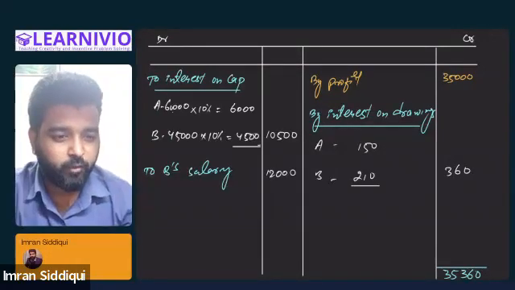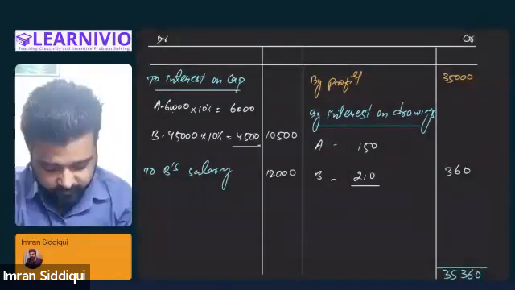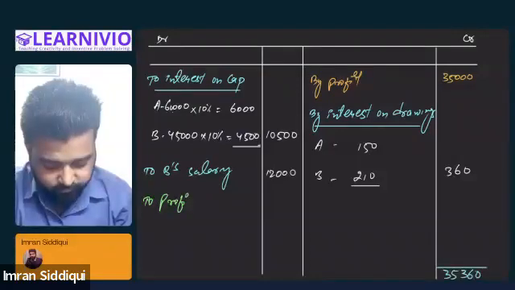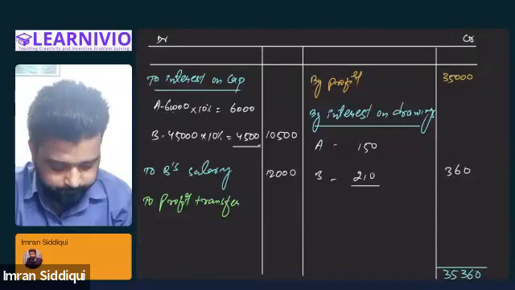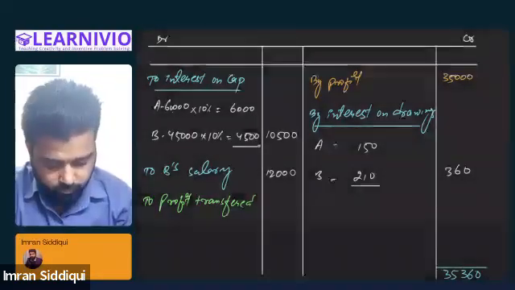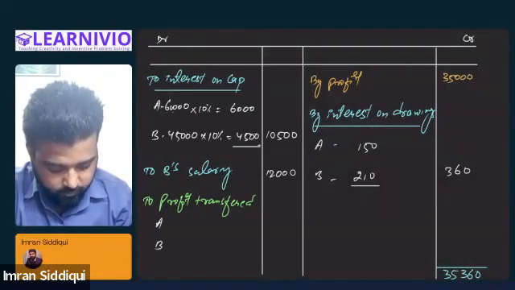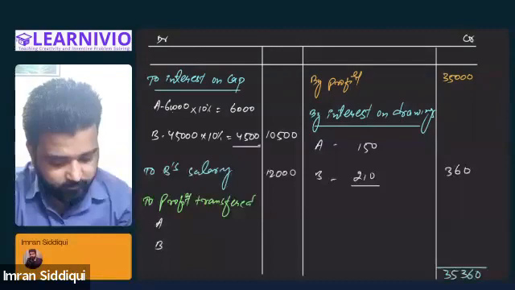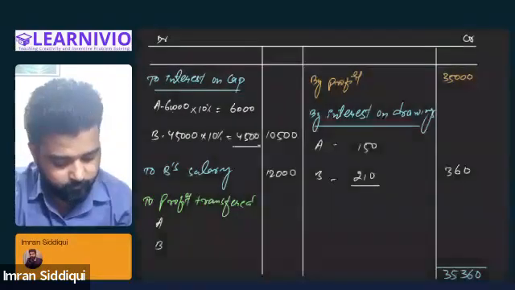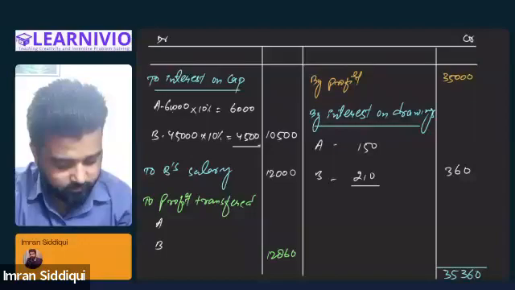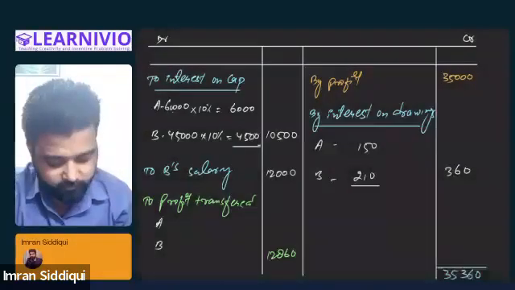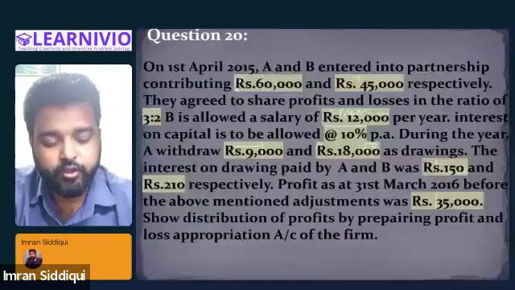So we'll be getting a profit of 12,860. This will be considered as divisible profit, and it will be written as to profit transferred to A and B. And this time, the entire profit of 12,860 will be distributed among the partners in the ratio given in the question.